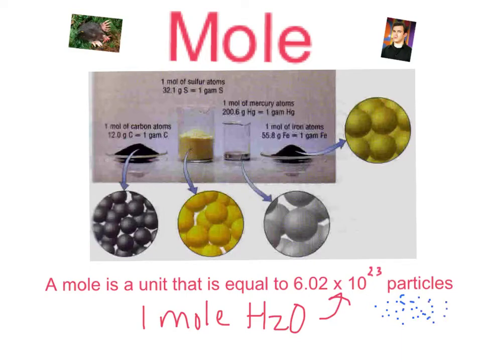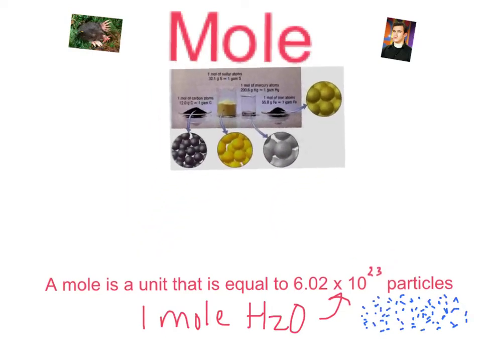Okay, so I'm literally picturing 6.02 times 10 to the 23rd particles. And I could sit here for my whole life and try to draw all these dots that represent the particles, and I will not even be able to do it because 6.02 times 10 to the 23rd is such a huge number. If you're not sure what that means, this is scientific notation: you have the number 6.02, and you have to multiply it by 10 23 times.